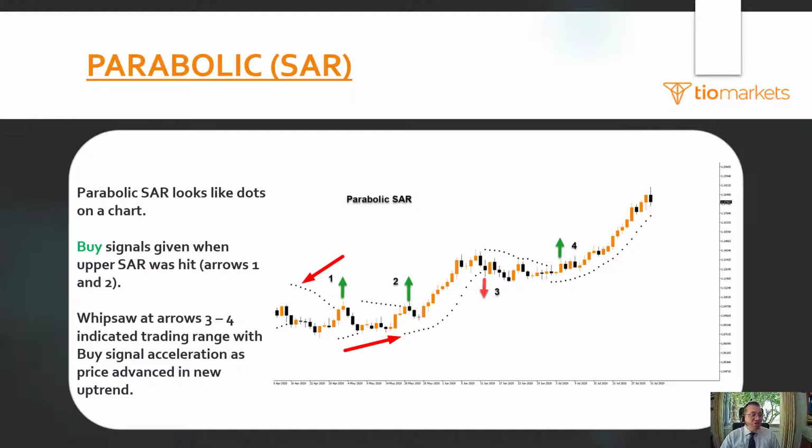Buy signals are given when the upper SAR or Parabolic was hit. Let's look at arrows 1 and 2. Here we can see you've got prices below, which means there's no buy signal there. But then once you've got this hit here and a hit here, that gave us a signal.